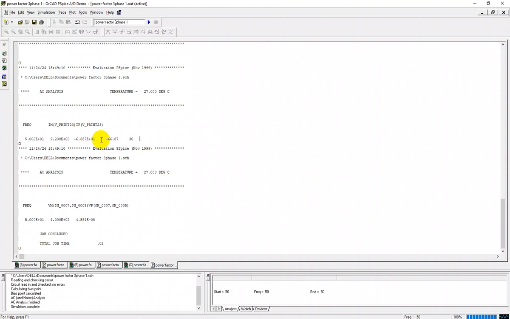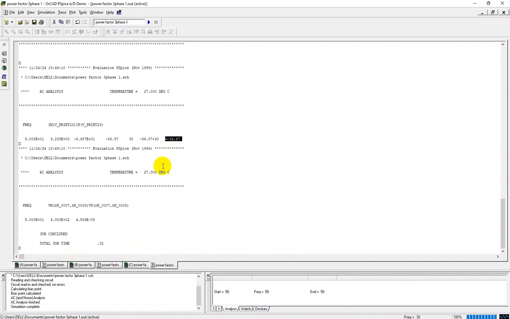So what we have to do is reduce it by 30 degrees, that is minus 30 degrees, that is 66.87 plus 30 will give us the angle as minus 36.87, which is as same as what we had got for single phase. Minus 36.87 for single phase, minus 36.87 for three phase. This is before power factor correction.